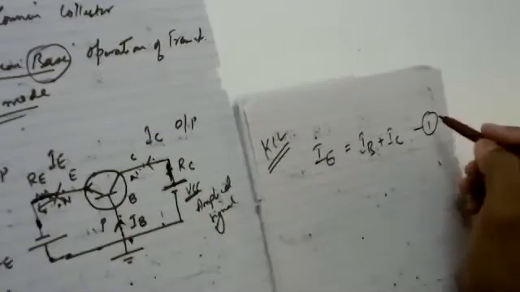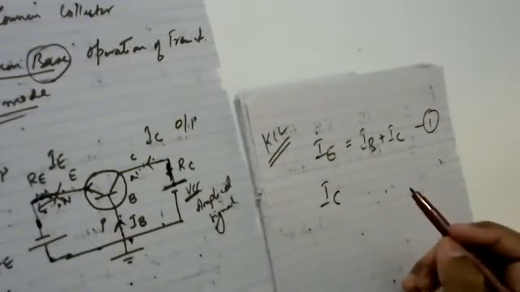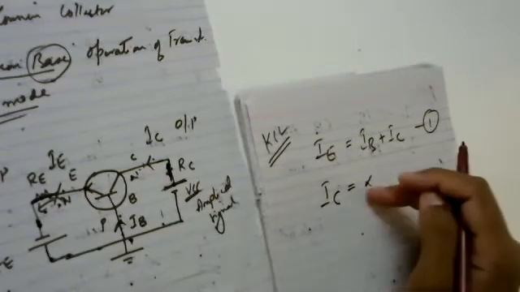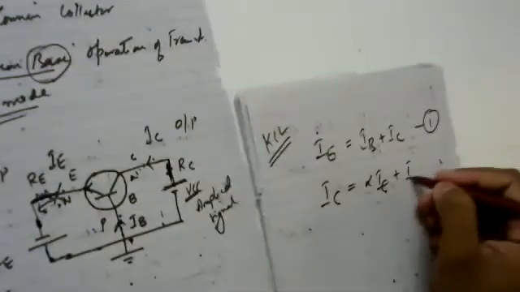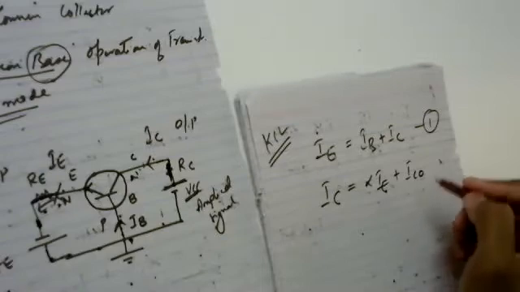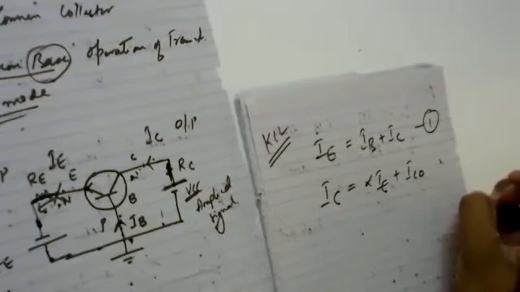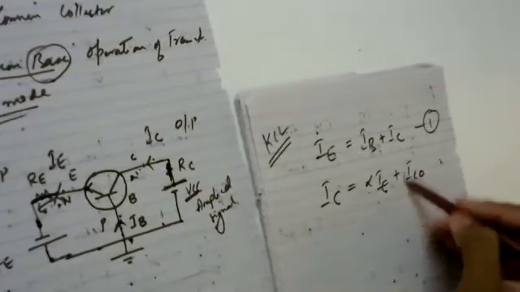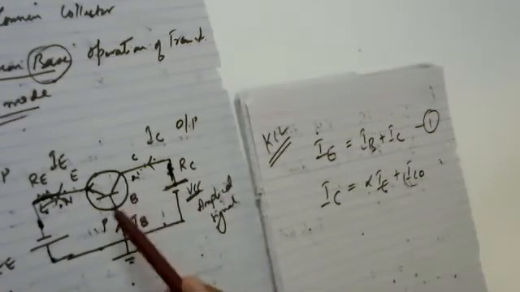Now, if I want to know the current which is seen on the collector side, it will be given by alpha times IE plus the reverse saturation current ICO. This ICO is nothing but a current seen on common base.